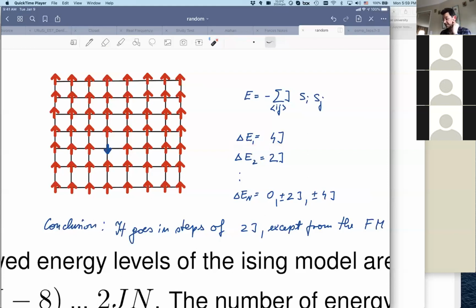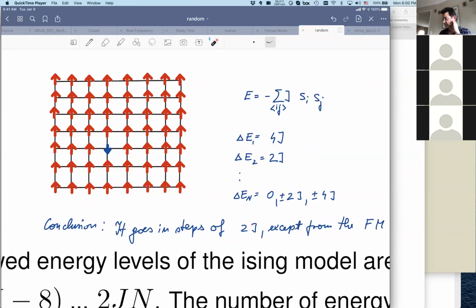However, once at least one spin points down, then in order to flip the second spin, which is nearby, the energy cost is going to be what? This will contribute -1, this will contribute +1, +1, +1, so it's going to be 3 minus 1, which is 2. So the energy to flip, for example, this spin is going to be 2J.